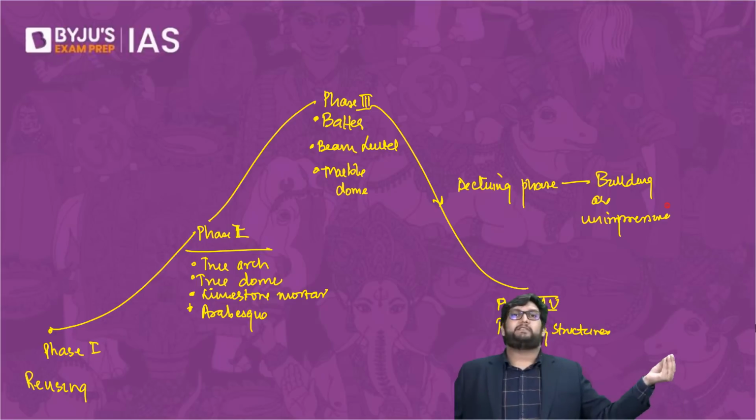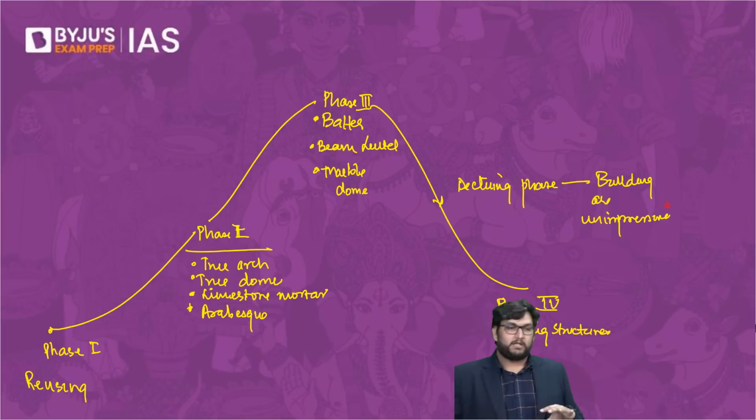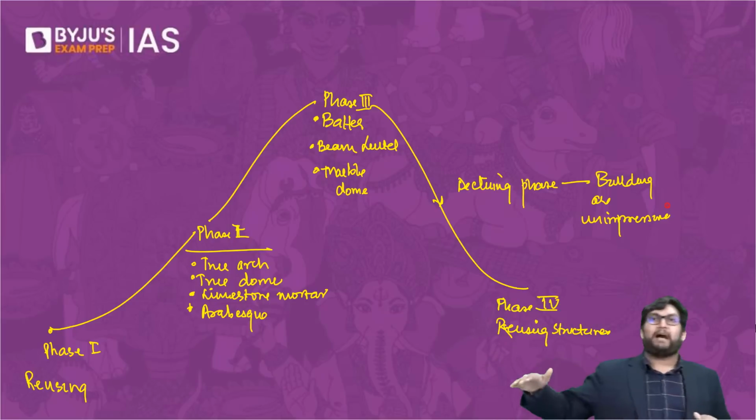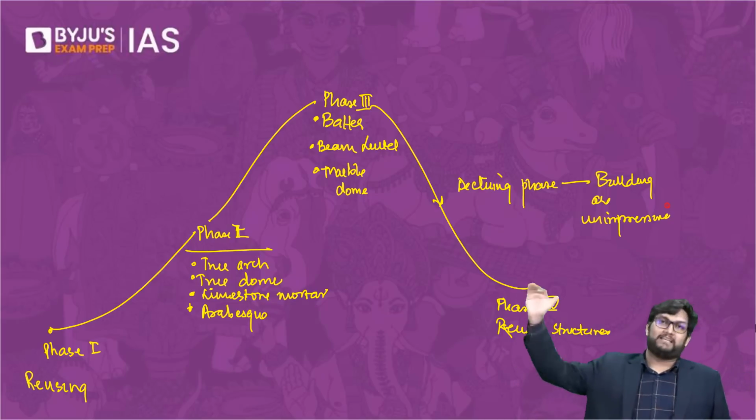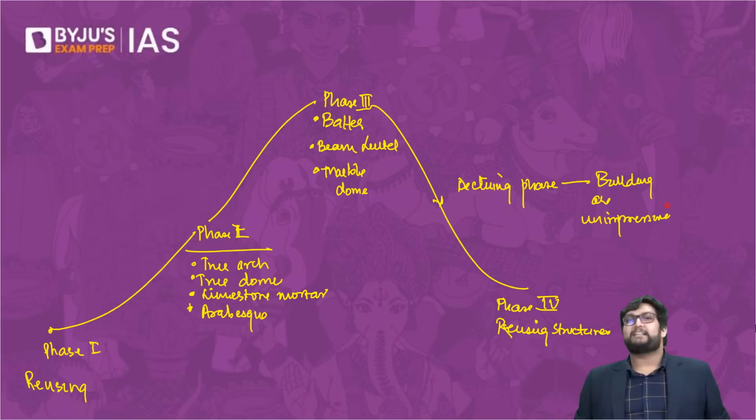We started with just basic temples to reach the highest point of temples under the Cholas. And once we reach the highest point when it comes to trabeated structures, Indian culture and Indian architecture had to go somewhere.